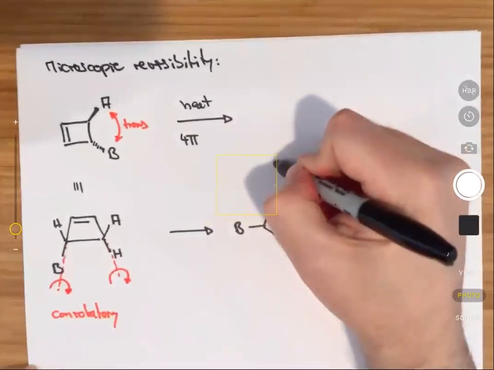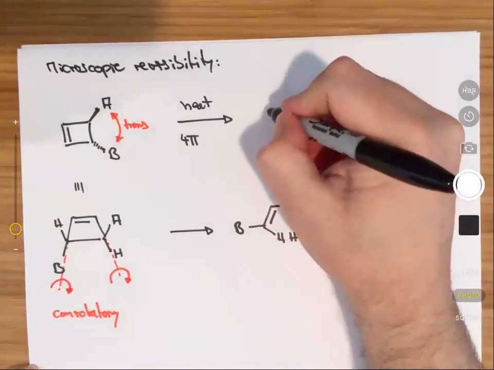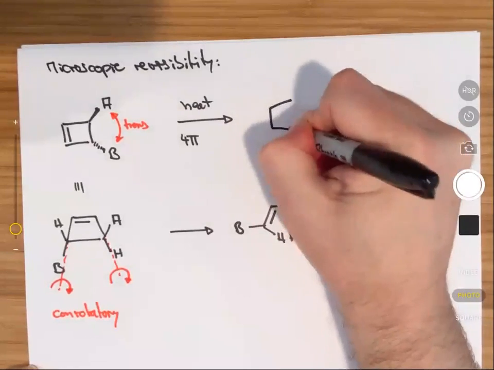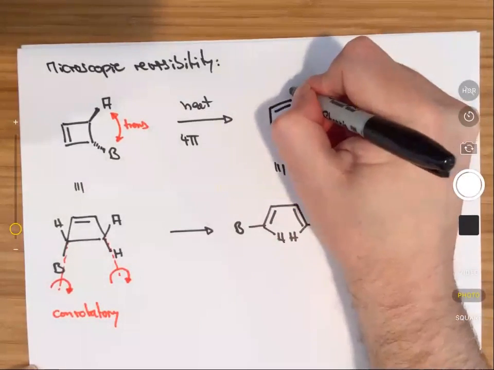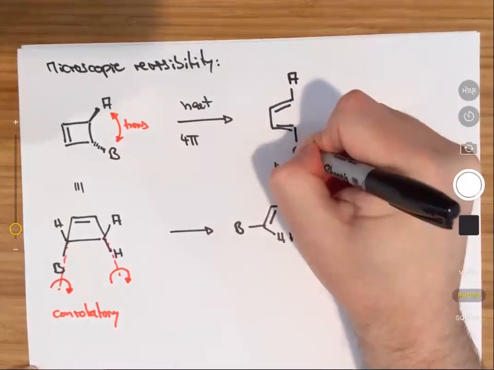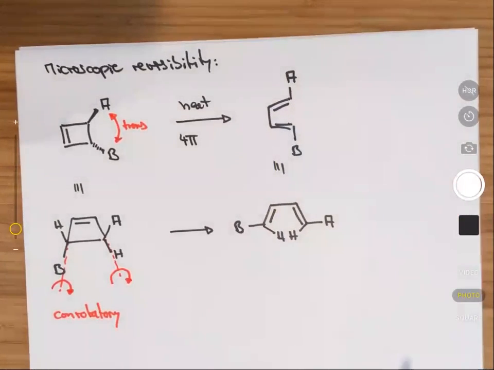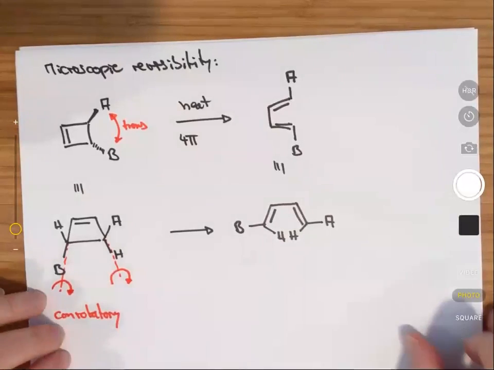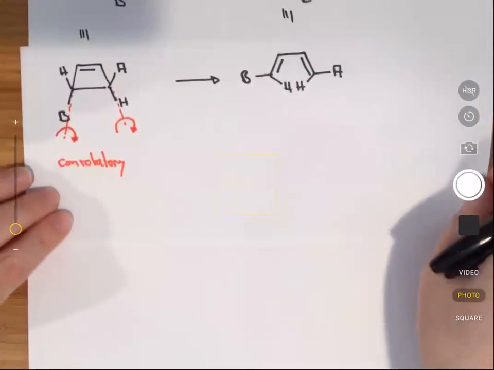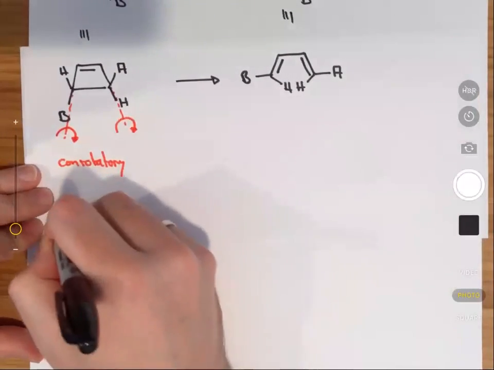So that means that the product of this reaction, if we just draw it out here, is going to be the ring open product that has this conformation around the double bonds. Now, what you also could have done is you could have decided, well, that's all fine and dandy, I want to rotate both sides, however, counterclockwise. So you could have picked an alternative way. Let's just write here alternative.